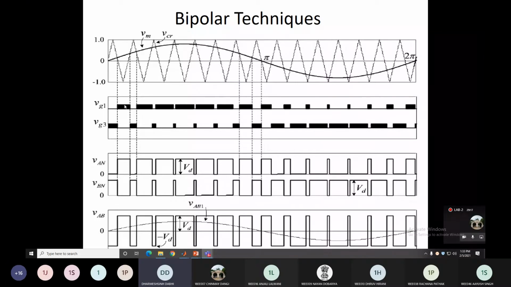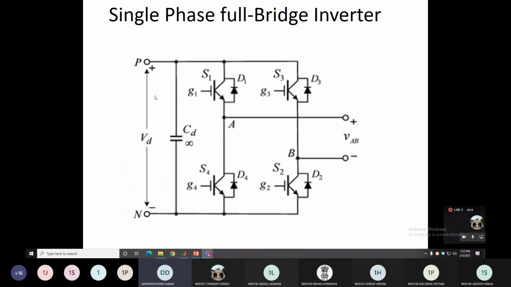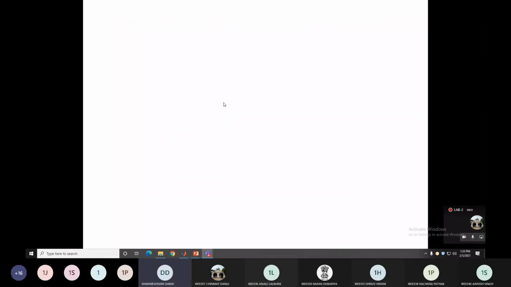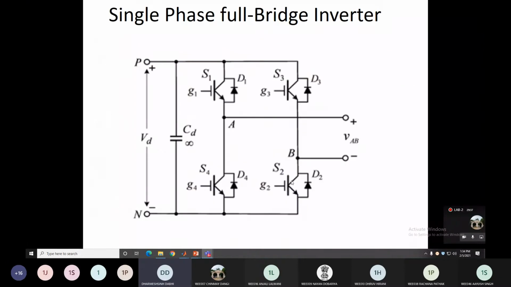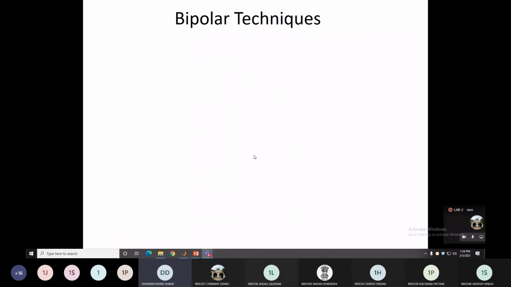This gate pulse is applied to switches S1 and S2 simultaneously. In the bipolar technique, both switches S1 and S2 turn on simultaneously. Clear? So this VG1 gate pulse is applied to switches 1 and 2 simultaneously, so you get one positive cycle at the output side and complete the cycle.